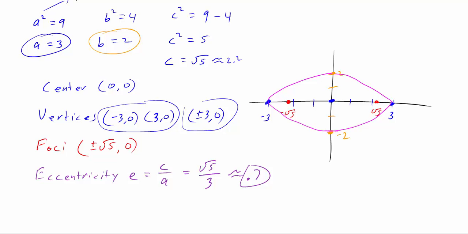So just as a review, keep in mind that if we're going from the center out to the vertex, that is a distance of a. From the center on the minor axis, that is a distance of b. And if we're going from the center out to one of the foci, that's going to be a distance of c.